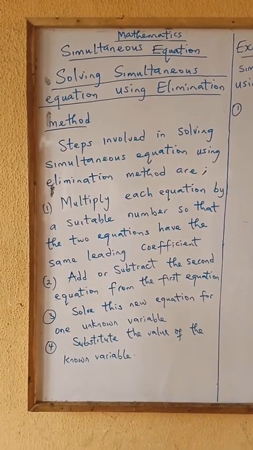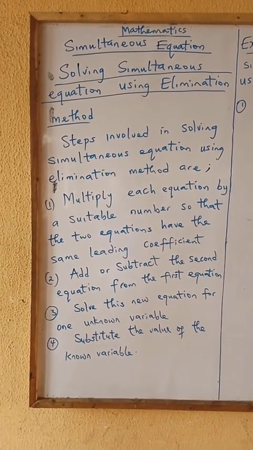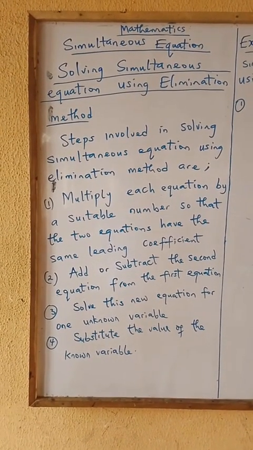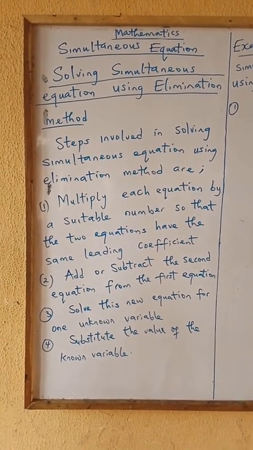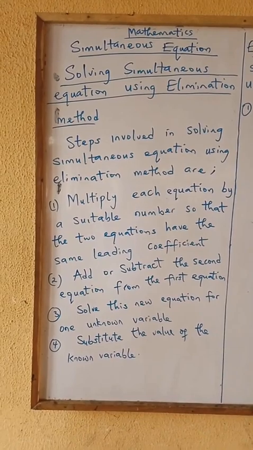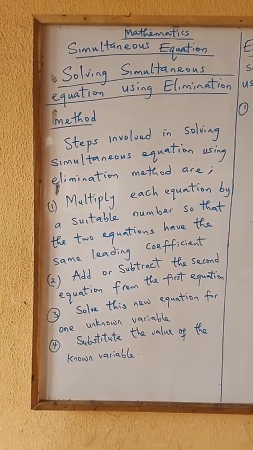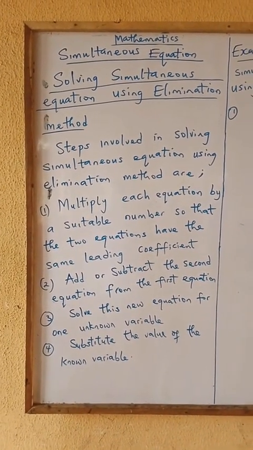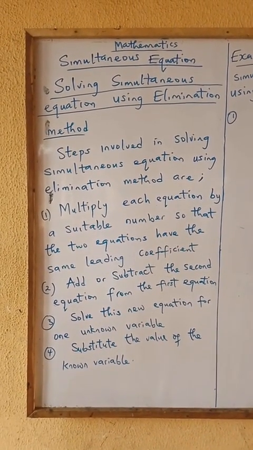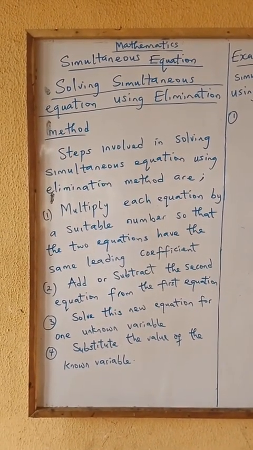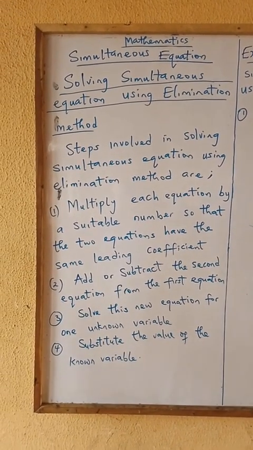Then number two, we are going to add or subtract the second equation from the first equation. Then the third step is to solve the new equation for one unknown variable so that we get its exact value. And after getting the exact value of one of the unknown variables, which will now become a known variable, we need to substitute the value of the known variable.